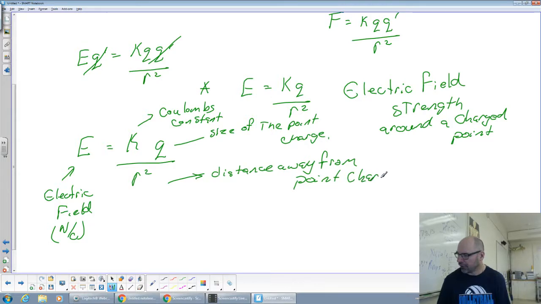We'll do an example of that. So R would be in meters, of course, Q would be in coulombs, of course, and K is in newtons times meter squared over coulomb squared.